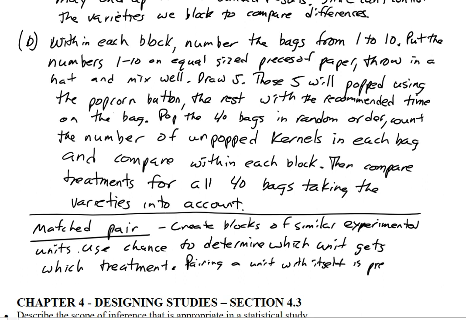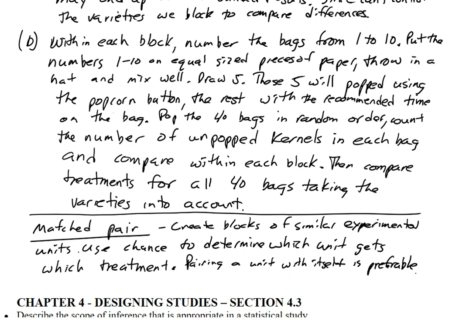So we talked about the one where we did the standing heart rate, but also if you wanted to test something like razors, you wanted to test which razor did a better job of shaving, you could pair a man with himself, and then you would randomly select which side of his face is going to get shaved with one razor and the other side would get shaved with the other.